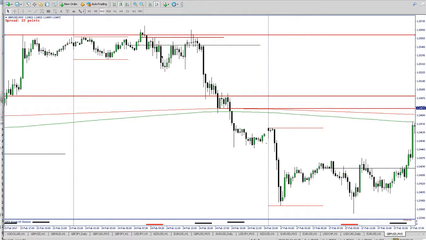So in this candle here, they are selling their buys, so then they push the market down, and then they're buying, they're selling in these candles.